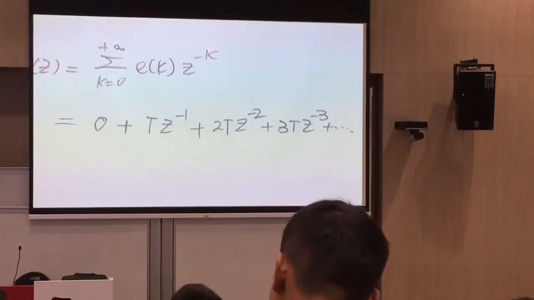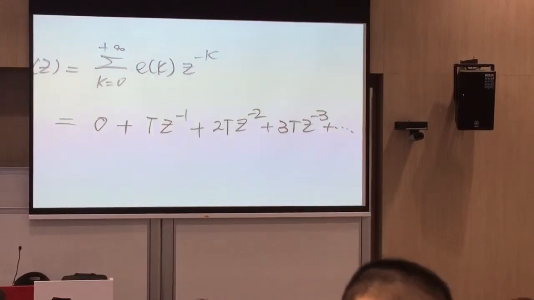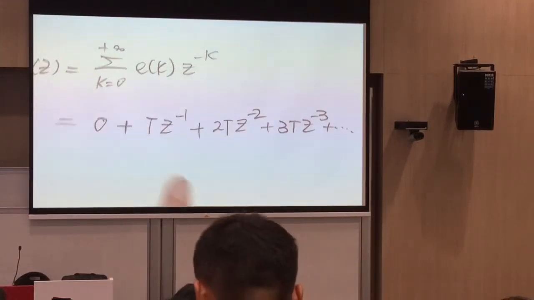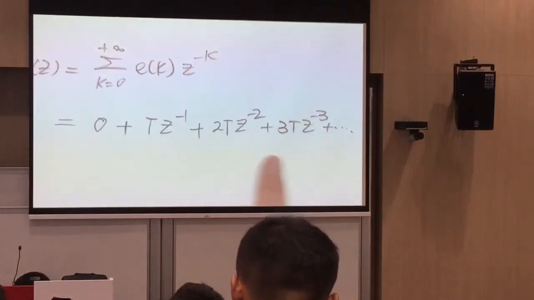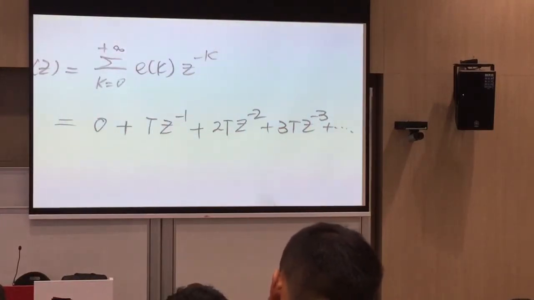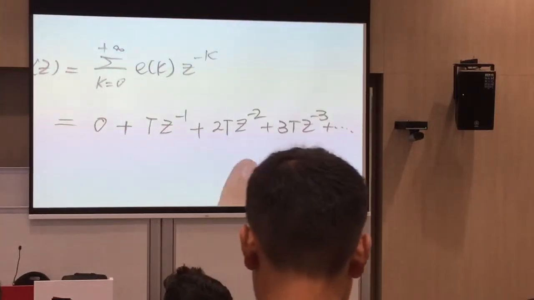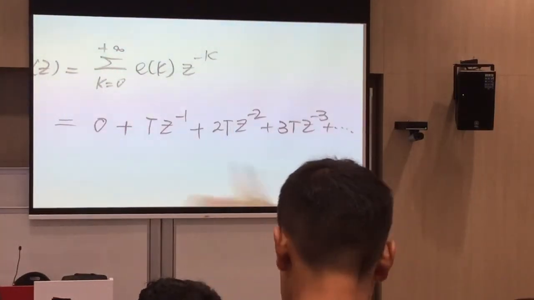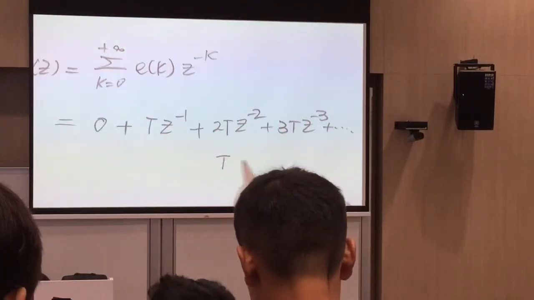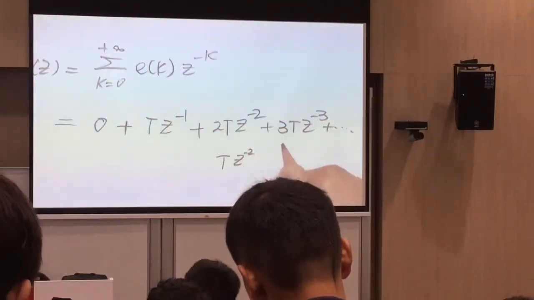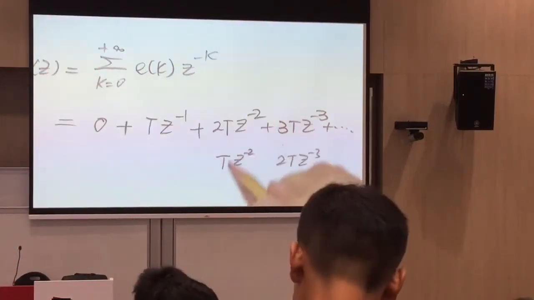But your target is to make it a geometric series, right? You will notice this one keeps increasing, every time increasing by 1, because your k increases. So if I'm able to shift, if I'm able to come out with something else, you can see I come out with this one, 3t z power minus 3. If this one I have something like 2t z power minus 3, then use this one minus this one.